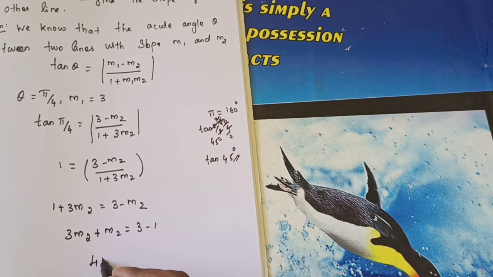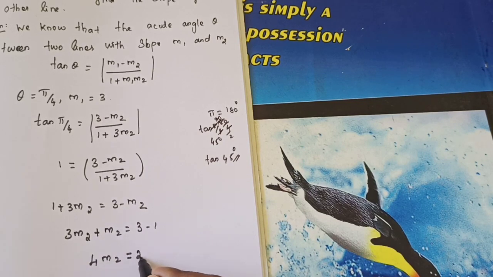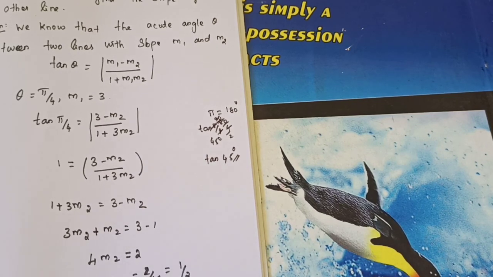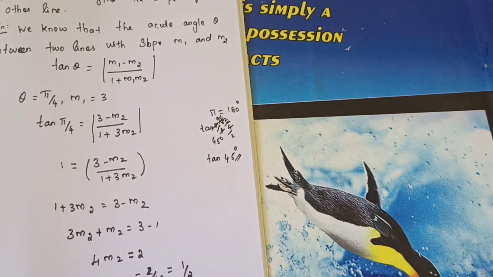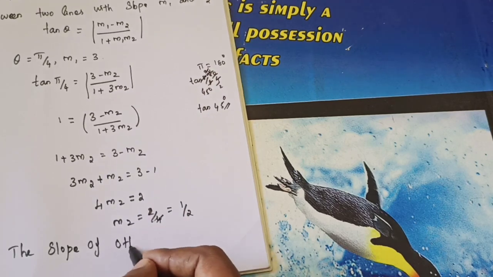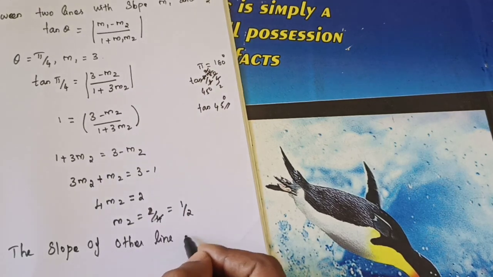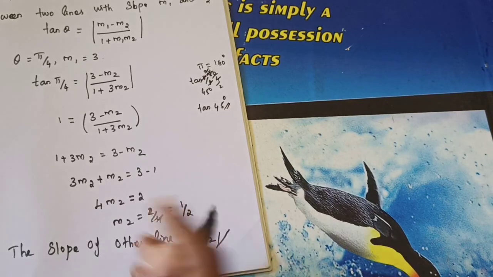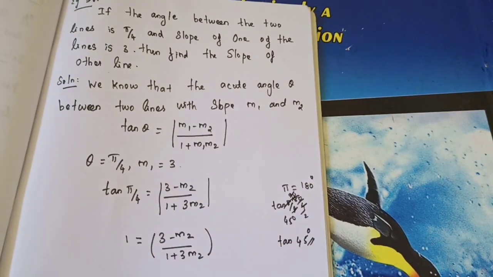So this one is 4m2 equal to 2. So m2 equal to 2 by 4, that's equal to 1 by 2. Understand? So what's the slope of the other line? 1 by 2. The slope of the other line is 1 by 2. Understand? The slope of the other line is 1 by 2.